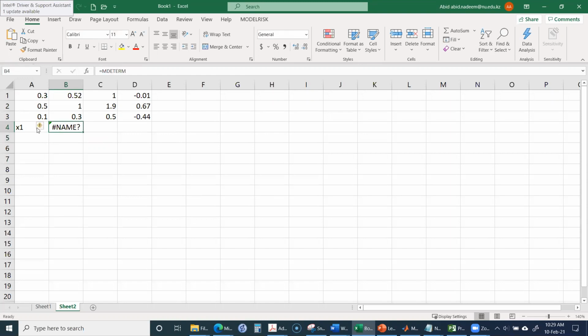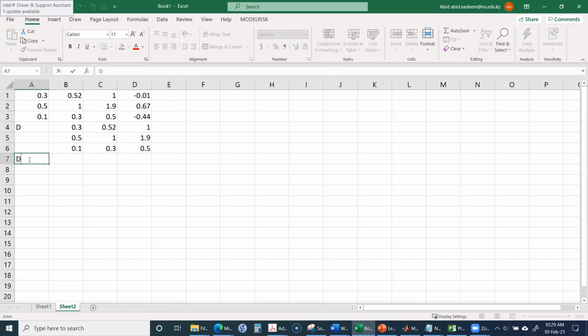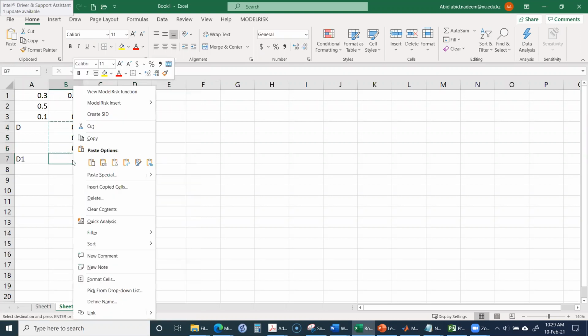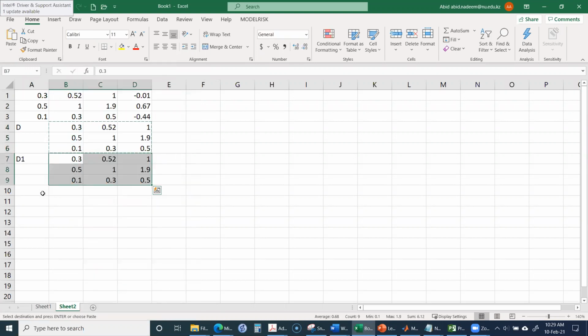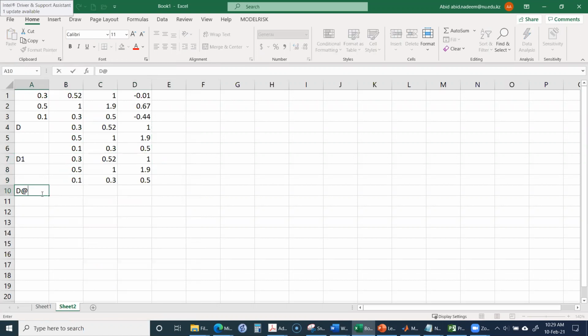Maybe you can do it step by step, it's better. For the determinant D, we should have these values. For determinant D1, we should have the same values. Determinant D2, sorry, D2.